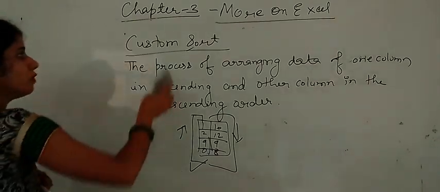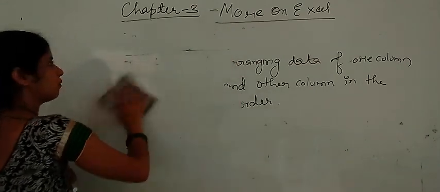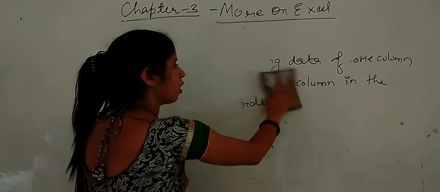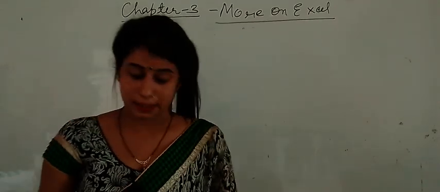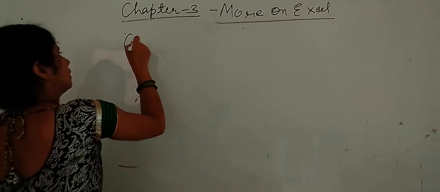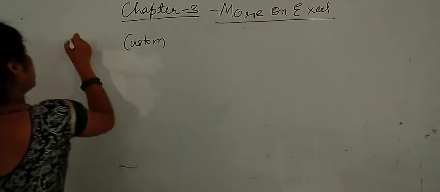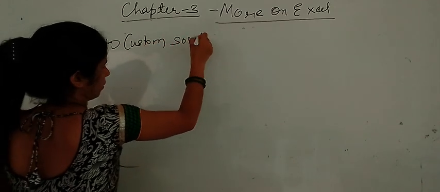For this also we should follow a few steps. If I want to arrange the data of one column in ascending and the other column in descending, what steps should I follow? The procedure is the same.